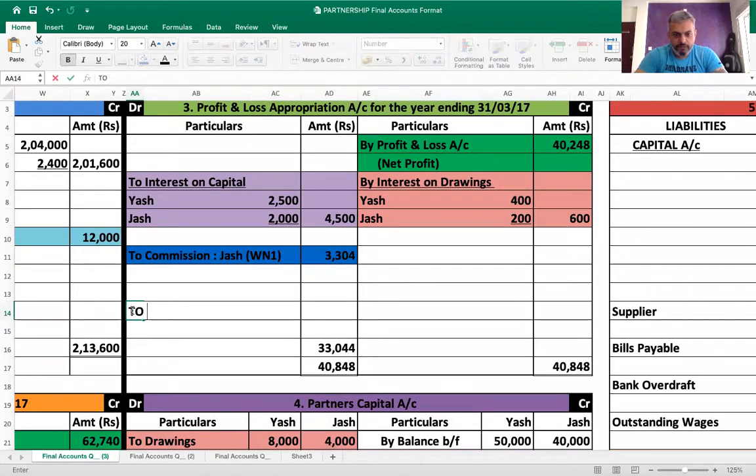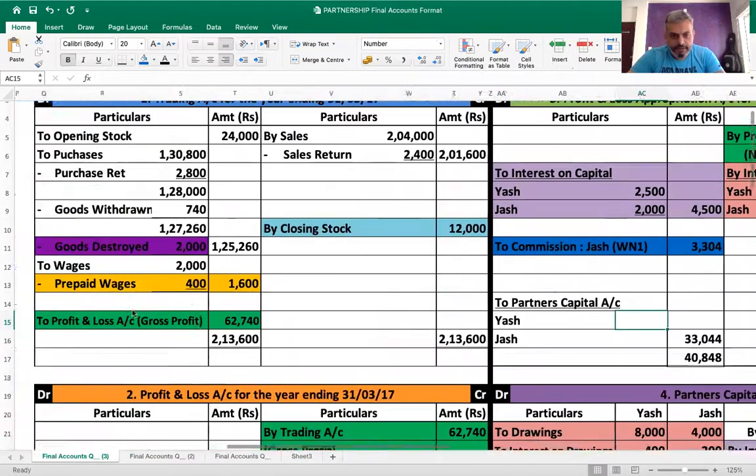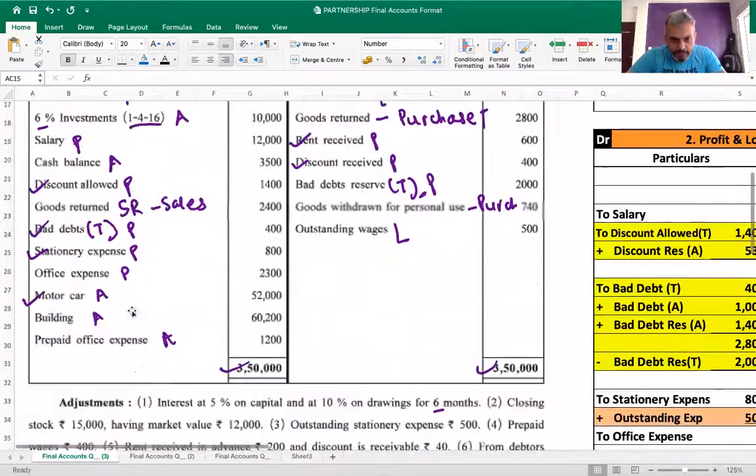So to partners capital account, Yash and Josh. Now what's the profit sharing ratio? Is it given in the question anywhere?